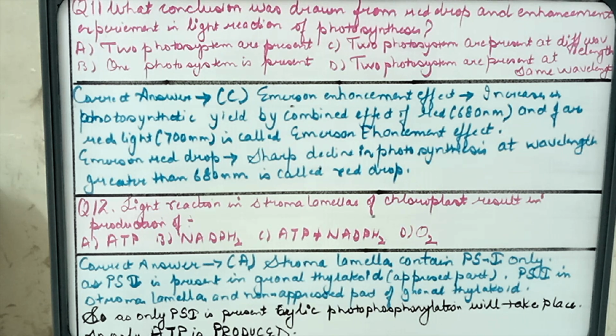So the conclusion drawn from this experiment is that two photosystems are present at different wavelength. So Emerson enhancement effect and red drop tell us that two photosystems are present at different wavelength. One is 680 and other is 700.